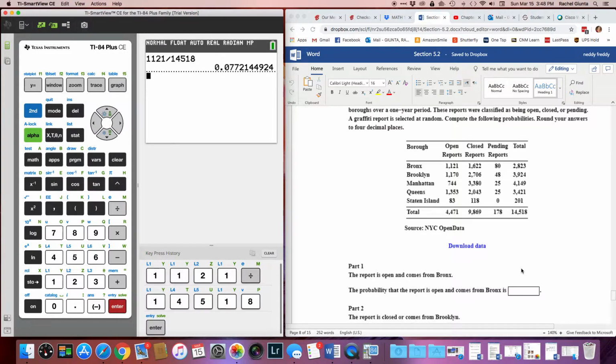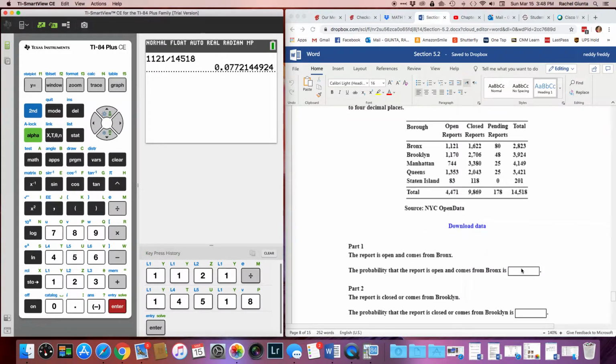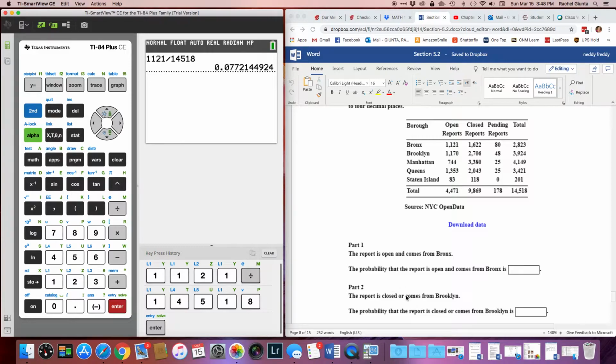Part 2, the report is closed or comes from Brooklyn. So the biggest difference in this one is that it says "or" rather than "and." So "or" gives us a lot more pieces to the calculation because we want every report that's closed and we want to add that to every report that's from Brooklyn across here.